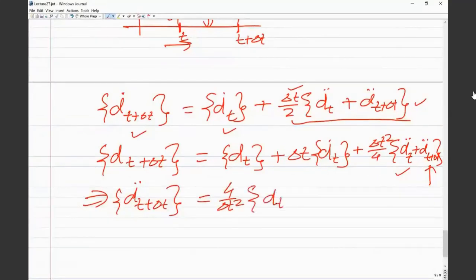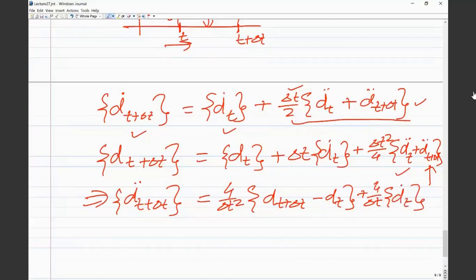You can see it can be written as 4 upon delta t square into d at t plus delta t minus d at t, plus you will have 2 upon delta t into d dot at t. Yeah, this is 4 upon delta t square, and this is 4 upon delta t.